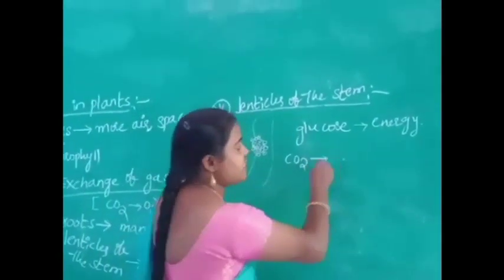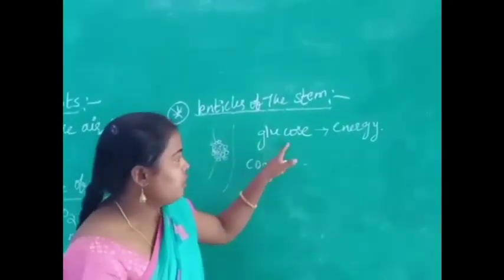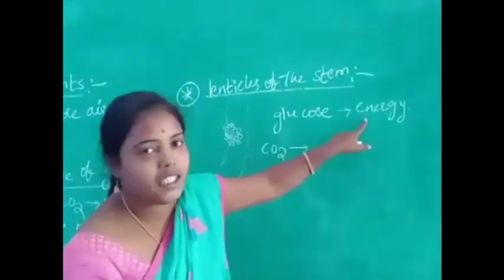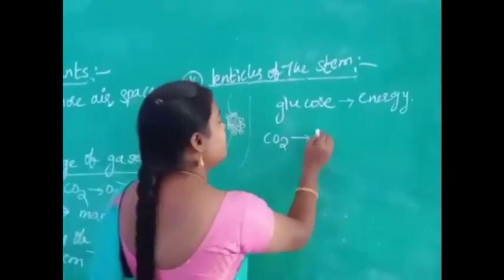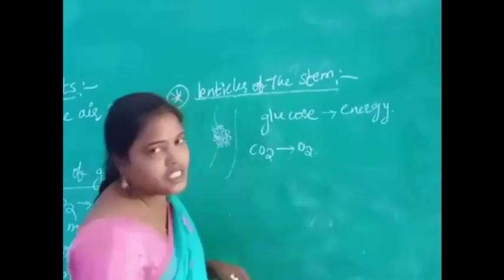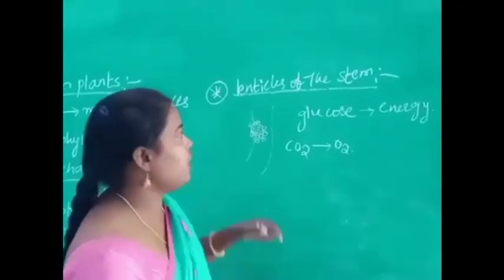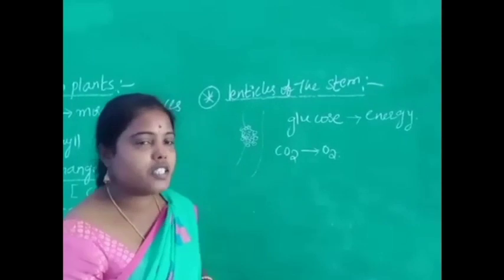When the carbon dioxide enters the stem portion, the glucose molecule is broken down and releases energy. By using this energy, the carbon dioxide is converted into oxygen. Then oxygen is released into the atmosphere. This is the mechanism which takes place in the lenticels of the stem.